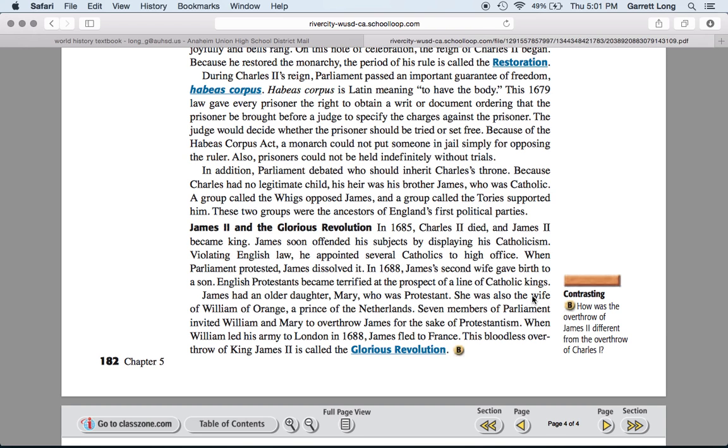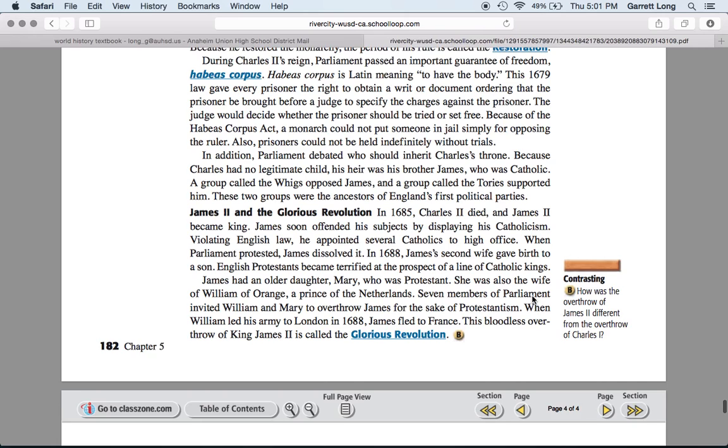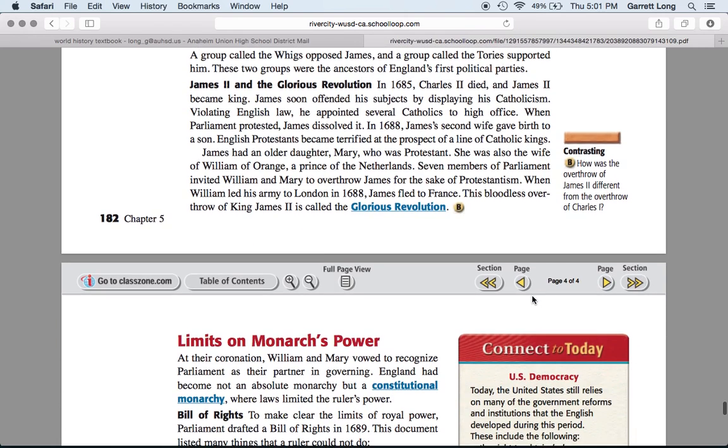And they want to have a monarch that is a Protestant because James II, his wife, just gave birth to a son, which means that if he continues to be king when he dies, the throne will go to his son, and there will be a long line of Catholic kings, and Parliament does not want that. So they propose to William and Mary, and they basically tell William and Mary that if you come into England, you overthrow James II, who is your father, you will become king and queen. And William and Mary accepted this offer.